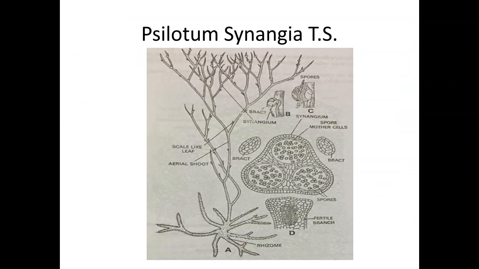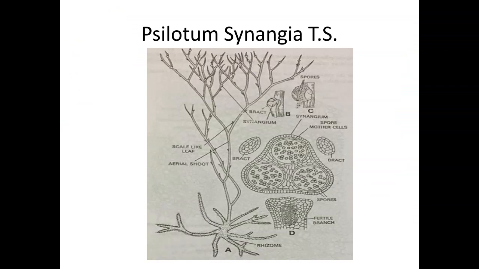True roots are totally absent in case of Psilotum. Then the aerial axis generally shows scale-like structures known as leaves. Now the axis or stem is generally dichotomously branched. Then the spore producing organ is generally present at the top of the plant body.